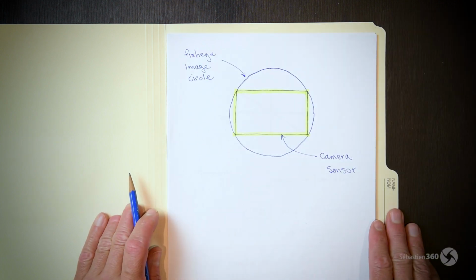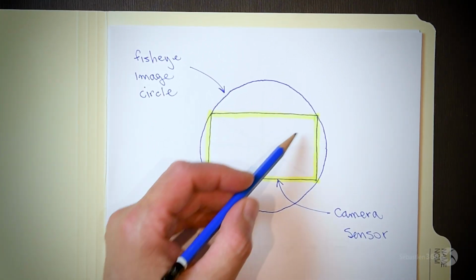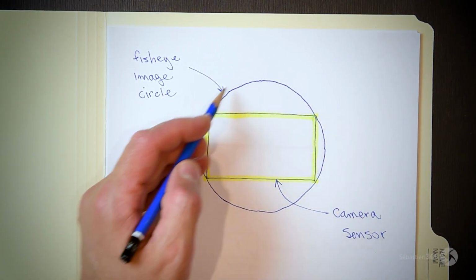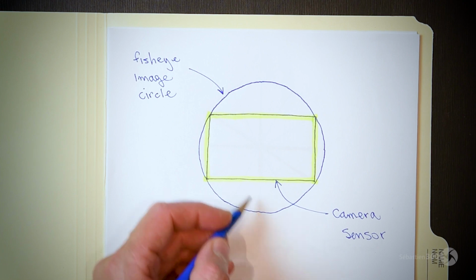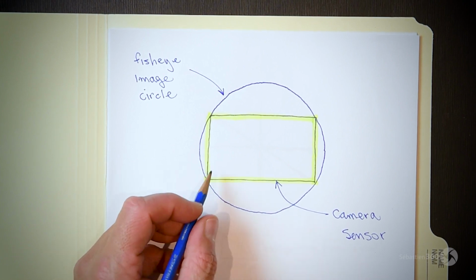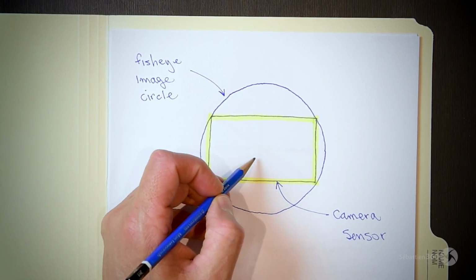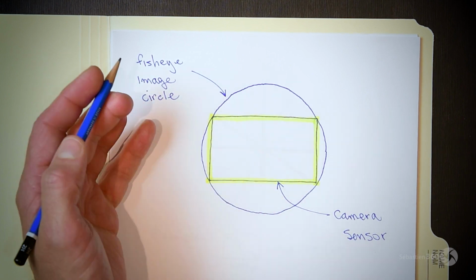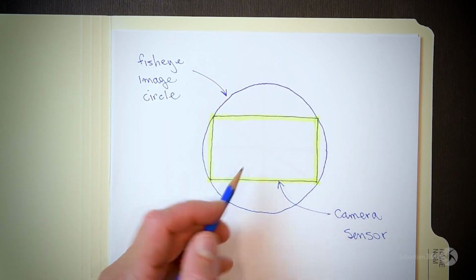So from now on, we will consider that we have a fisheye lens that is projecting a circular image on a sensor. Now, your sensor might be smaller than your image circle. It may be bigger, but this is not important.